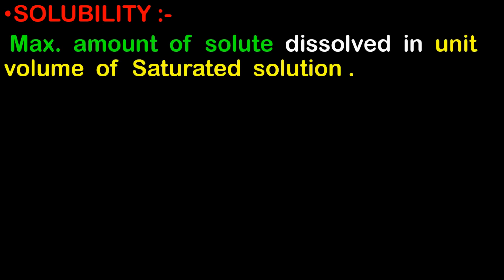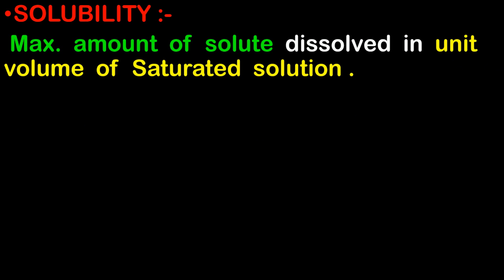what is solubility. So solubility is a number or a value which tells us the maximum amount of solute dissolved in unit volume of saturated solution. Now what is this unit volume? For example, suppose your volume of saturated solution is in liters.